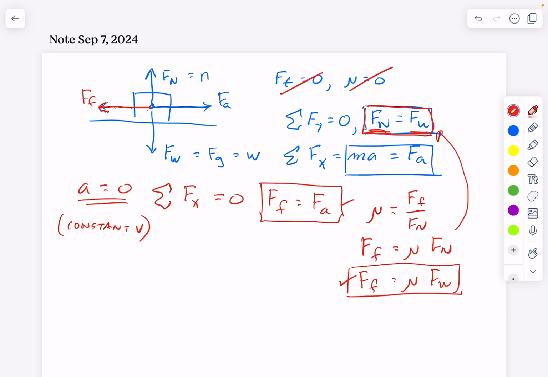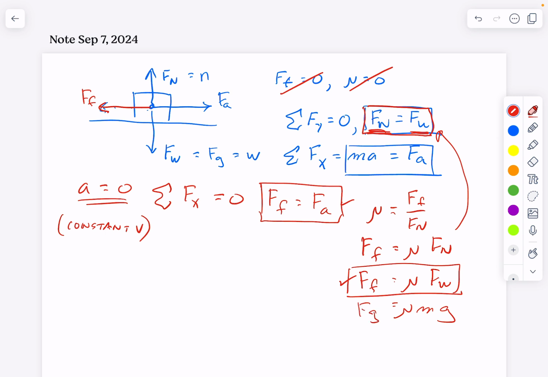And so now I have this equation, and I have this equation, which I can use in order to solve the problem. Typically, you're going to have the information you need for the force of weight, which would be the mass times the acceleration due to gravity.